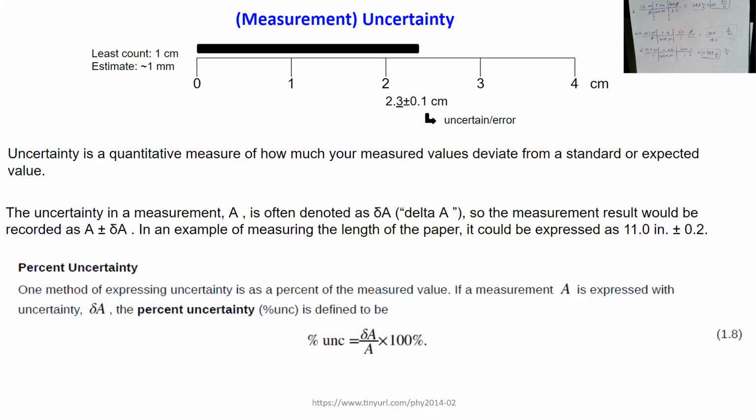So you'll be writing 2.3 centimeter plus or minus say 4%. These are the two ways people report uncertainty, with absolute uncertainty or percent uncertainty. Either way is fine.